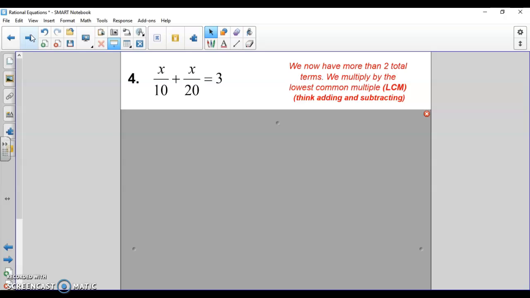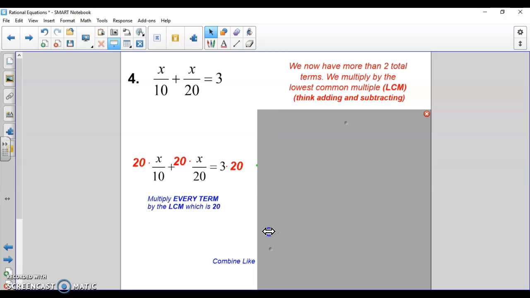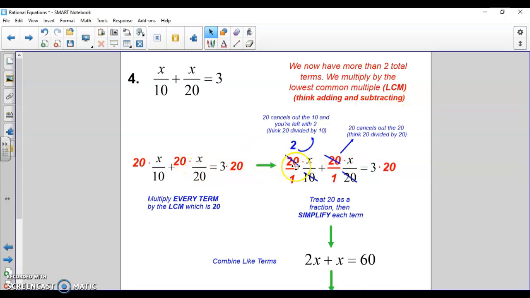Now we move on to the more difficult types on these last couple. We now have more than 2 terms as I have written there. What we're going to do is multiply by the lowest common multiple. Think about what we did with adding and subtracting, something similar. 10 and 20, the lowest common multiple is going to be 20. So we're going to multiply every single term by 20. So we treat 20 as 20 over 1.